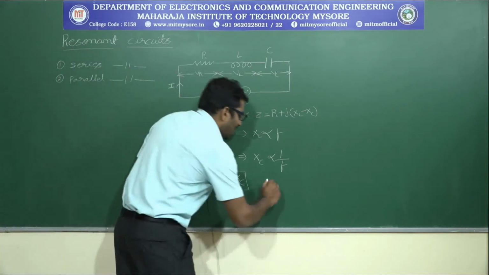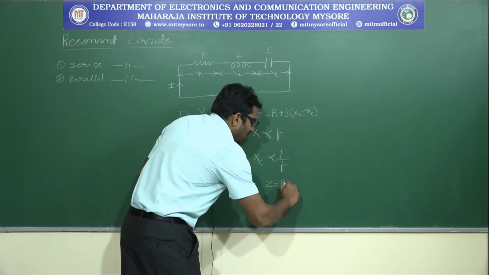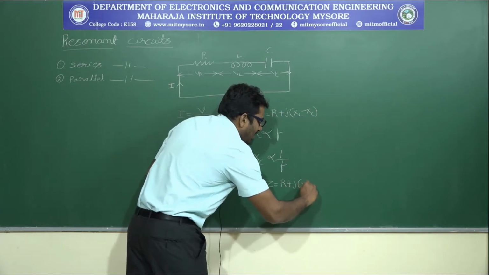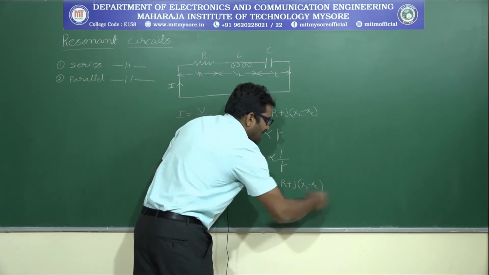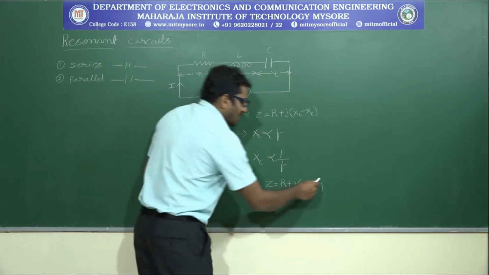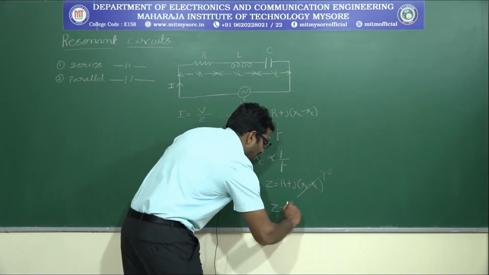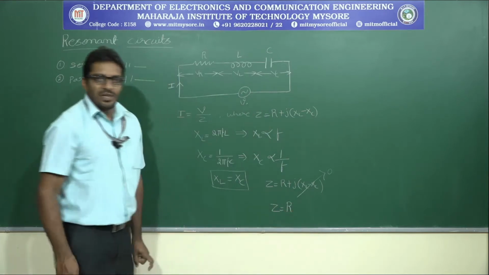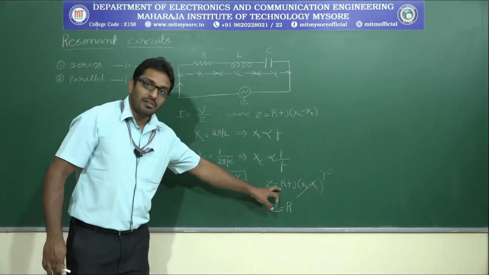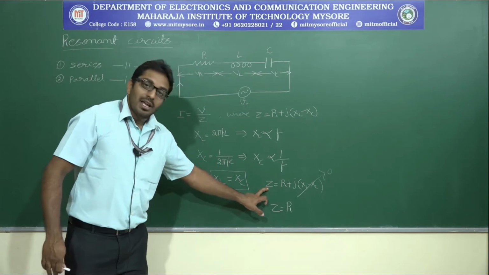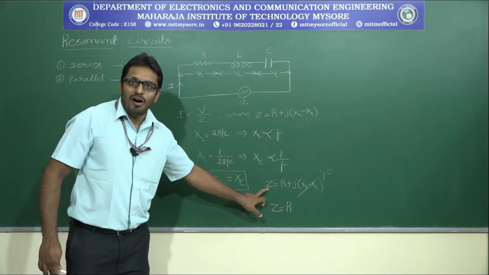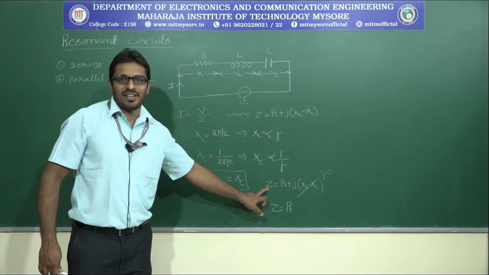Then what about impedance? Z is equal to R plus j into (XL minus XC). When XL is equal to XC, this part becomes 0, then Z is equal to R. So this is the condition at which we can obtain a minimum impedance value of series RLC circuit.